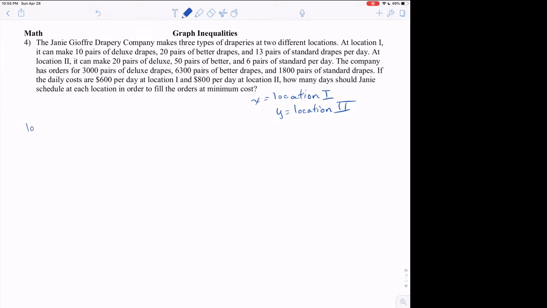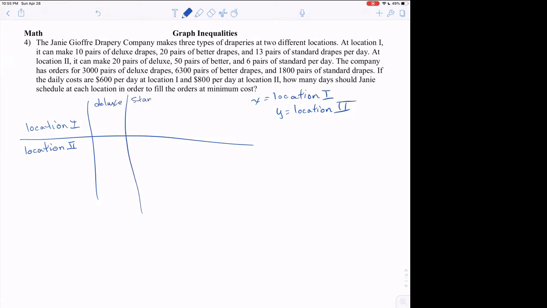So we have location 1 and location 2, and we have drapes, we have deluxe, standard, better, and I need to erase these, switch these two, or I will mess them up. Better and standard.